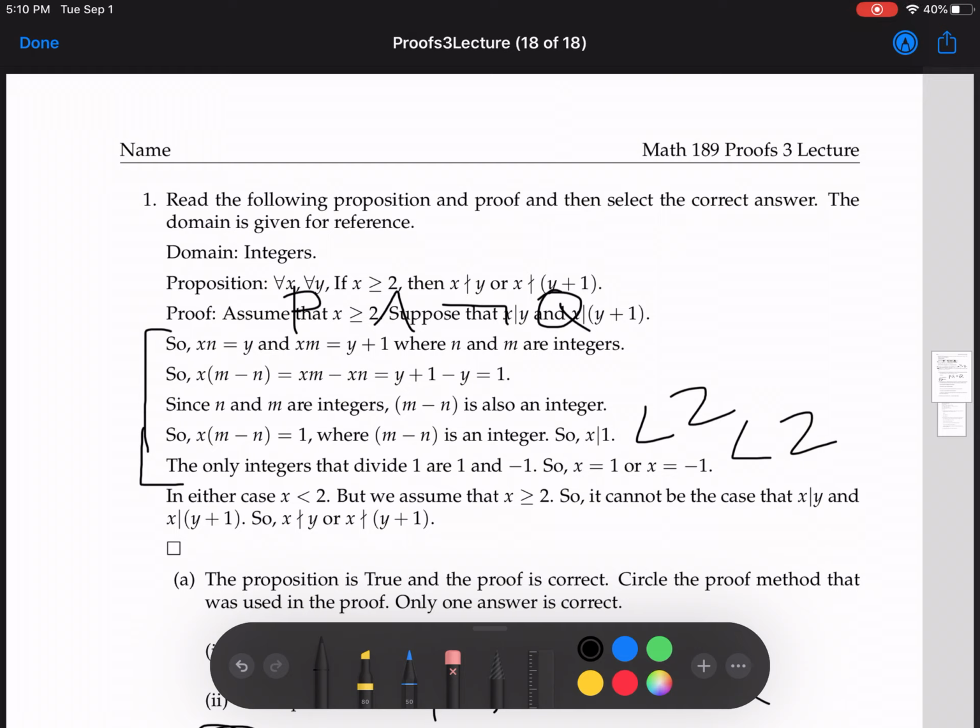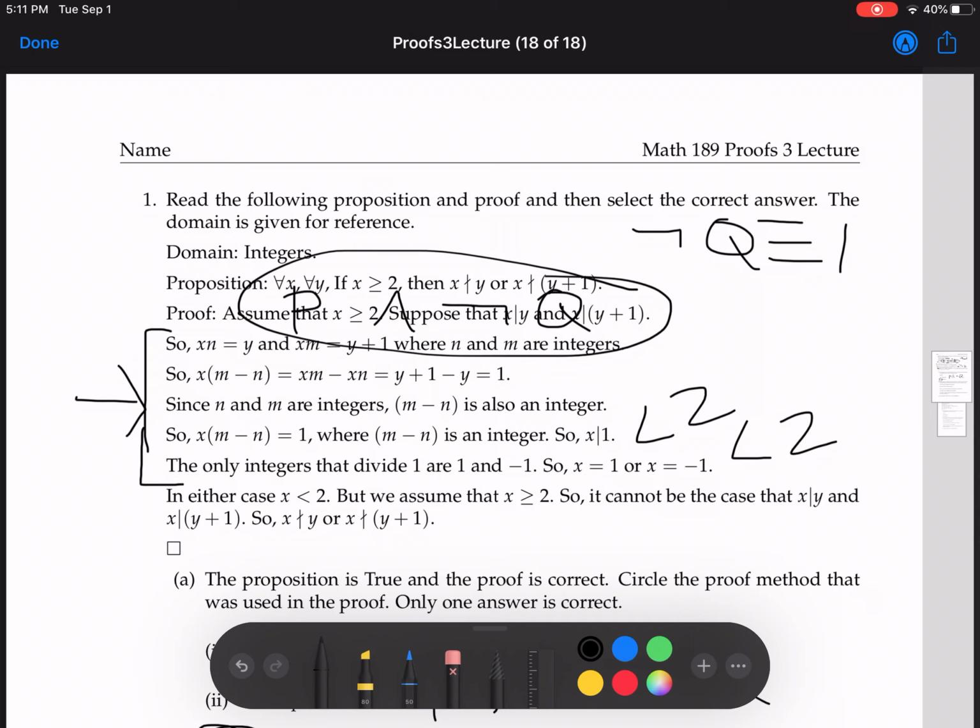So the thing that must be wrong, if this is all true mathematical work in here, is this must be wrong. So if that's wrong, it must be that not Q is wrong. If not Q is wrong, that means that Q must be right. Because if we know that not Q is false, it must be that Q is true.